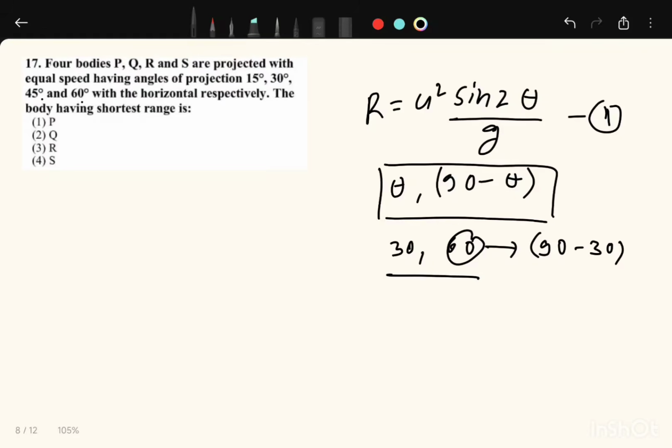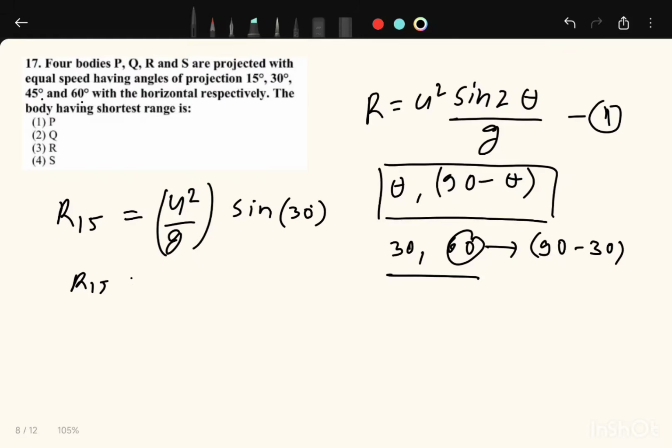Okay. So first of all, let me find for 15 degree. u square by g will remain constant in each case, and the only thing that will change is sine 2 theta. So for 15 degree, 2 theta will become 30 degree, and sine 30 is 1 by 2. So first is half of u square by g, right?